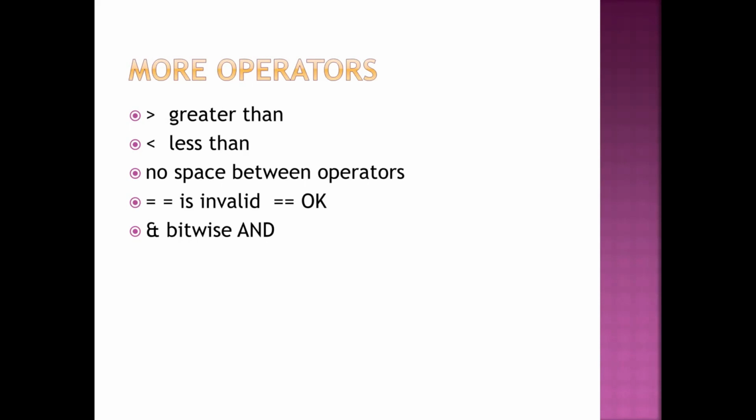It means that every bit would be ANDed together. So if all are ones and you apply bitwise AND, the result will be 1. If any of the bits is 0 and you apply bitwise AND, then the end result would be 0.